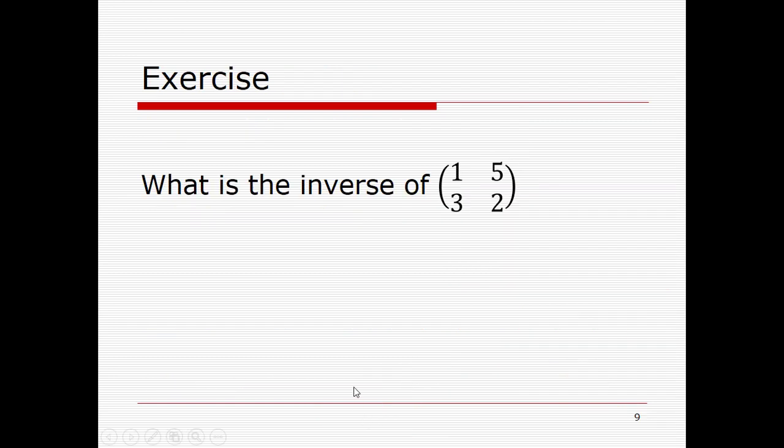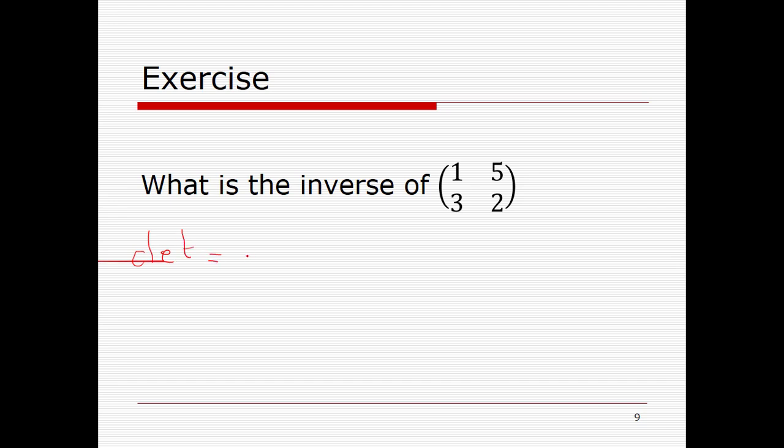Okay, let's try this yourself. Can you give me the inverse matrix of 1, 3, 5, 2? Let's first calculate the determinant.